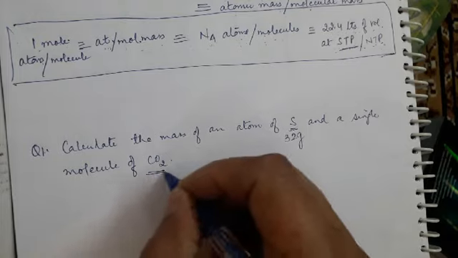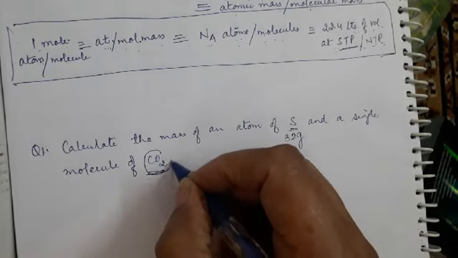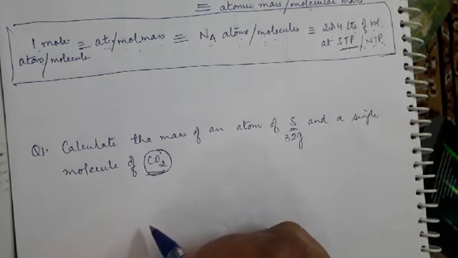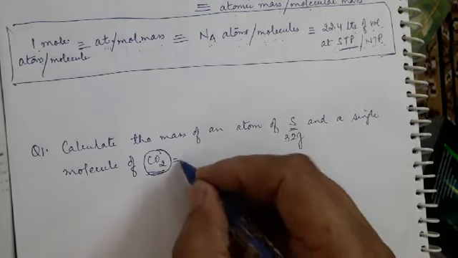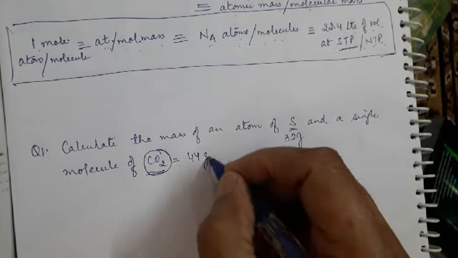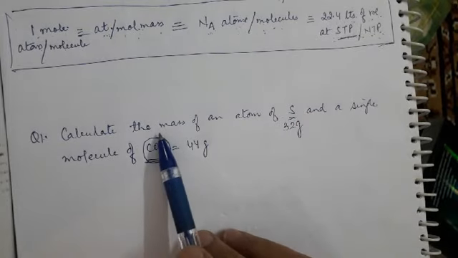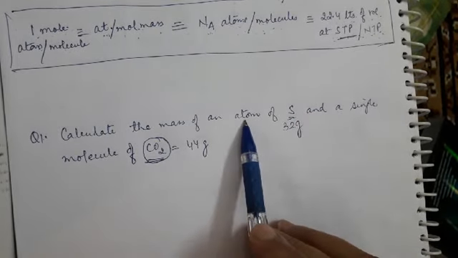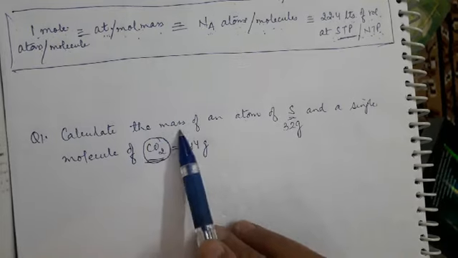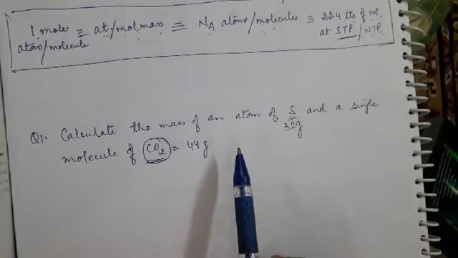Single molecule of CO2, as it is a molecular species, so what will we consider? Mole molecule. So what is the molar mass? It is 44 grams. Now, as per this, we have to find the mass of an atom of sulfur.